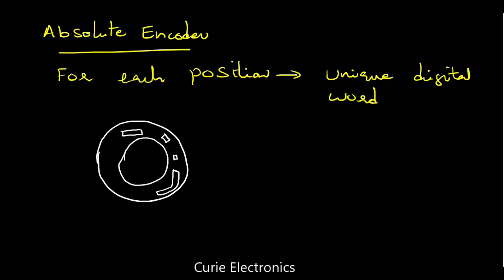See, this may be still longer. These different lengths of slots help make different periods of pulses, so that we can get a unique digital word. So that is how this absolute position encoder works.